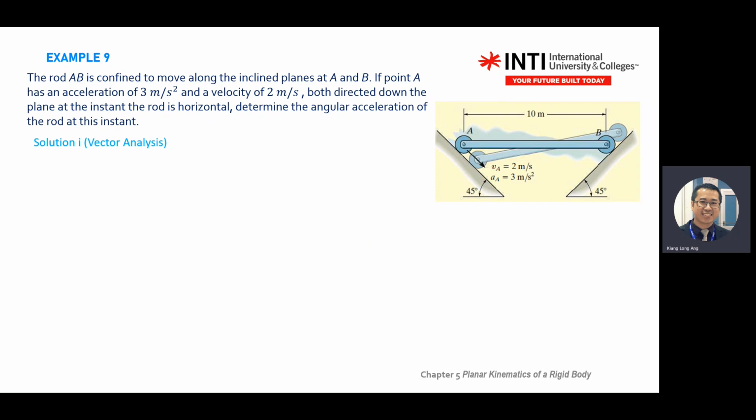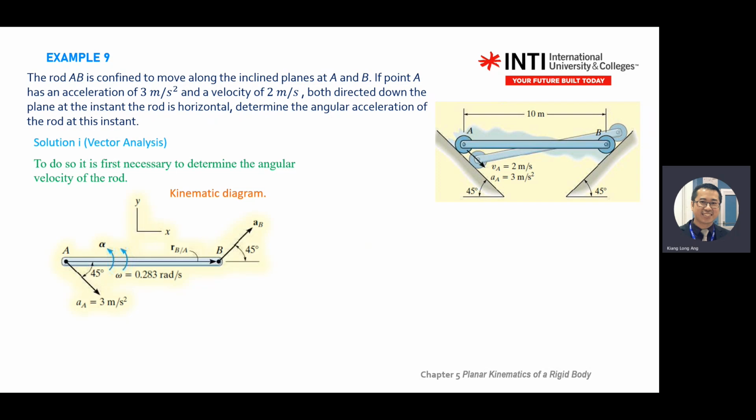There are two solutions. First, I use vector diagram, then I use scalar analysis. So both get the same marks in the exam. So first you draw the kinematics diagram. You pull the diagram out, and then you only look at velocity and acceleration.